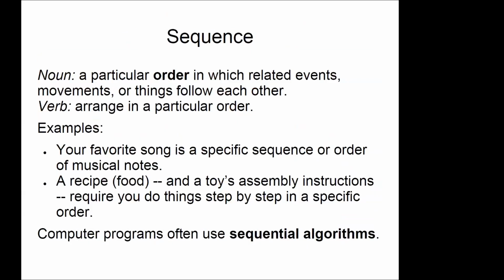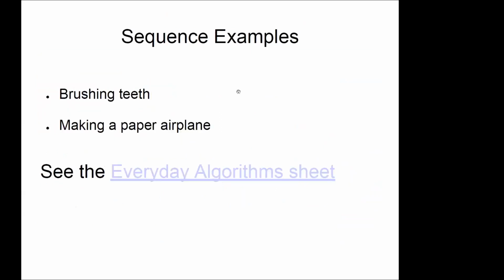Sequence is another one, and there you can see we use dance as another example, but sequence could be applied for a recipe. It can be applied with music and the order of the notes, and the sequence is important sometimes. Maybe in some cases, like the next slide or two will show, like making a paper airplane. Next slide, please. The sequence may not be as important. One more slide, please.